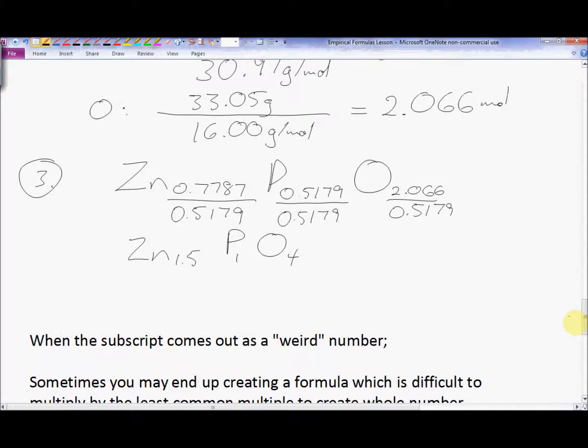In order to convert that to a whole number, we're going to multiply all these values by 2. Okay, and we end up with zinc 3, phosphorus 2, oxygen 8, and that is our empirical formula for this material.